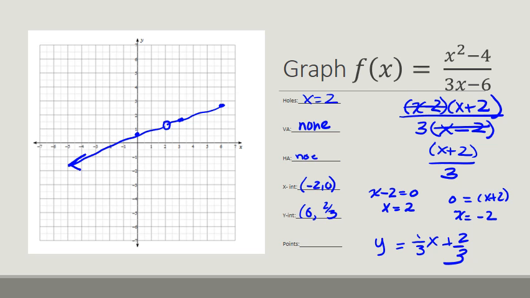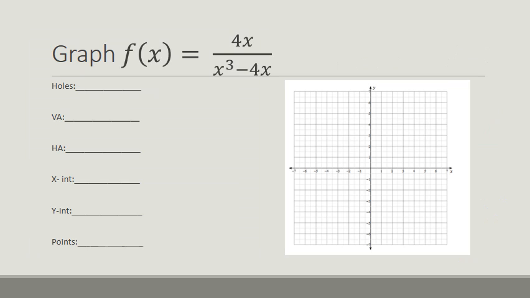All right, last example. I'm going to factor again. So the top can't be factored, but the bottom factors to x times x squared minus 4. These x's cancel, so I have a hole at x equals 0, because I would set that equal to 0.